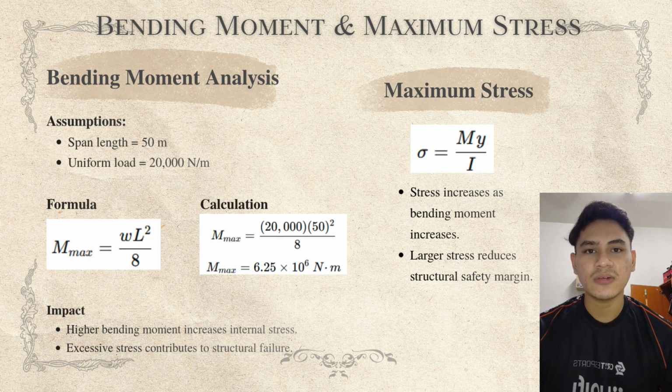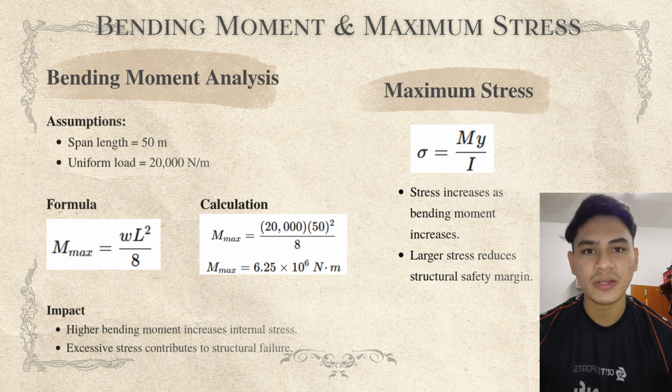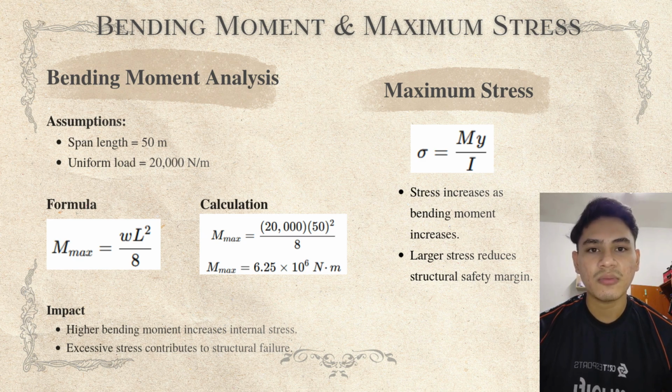After substituting the values into the equation, the maximum bending moment obtained is 6.25 × 10^6 Newton meters. For maximum stress, the formula used is sigma equals My over I, where M represents the bending moment, y is the distance from the neutral axis, and I is the moment of inertia.